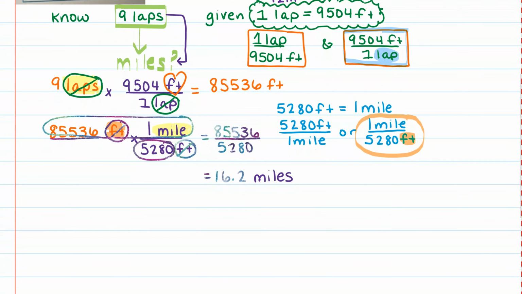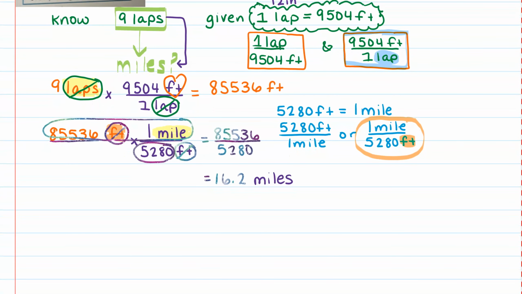Now, you can actually do this in one straight calculation. You don't have to rewrite and do each calculation separately. So let me write that out for you too. We started with 9 laps. And we use the conversion fact that 1 lap, and see a lap is on bottom, so they'll cancel, is 9,504 feet.